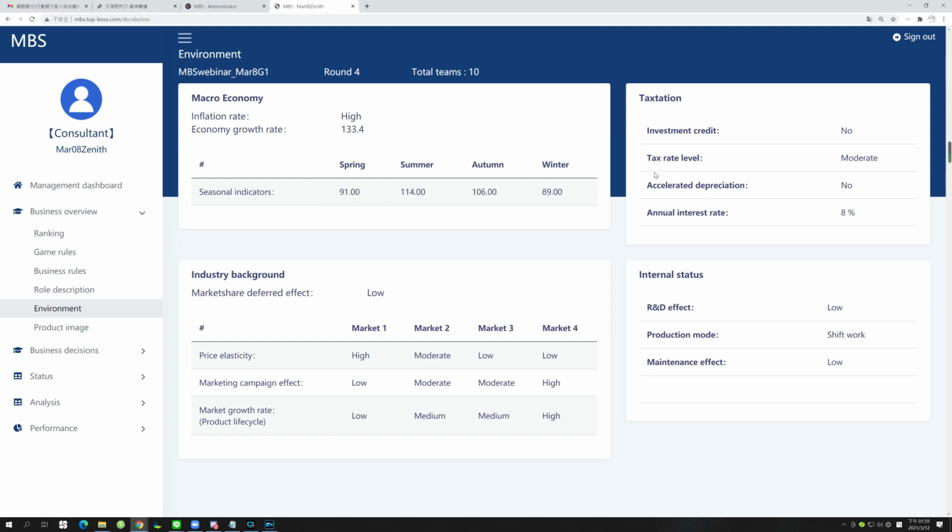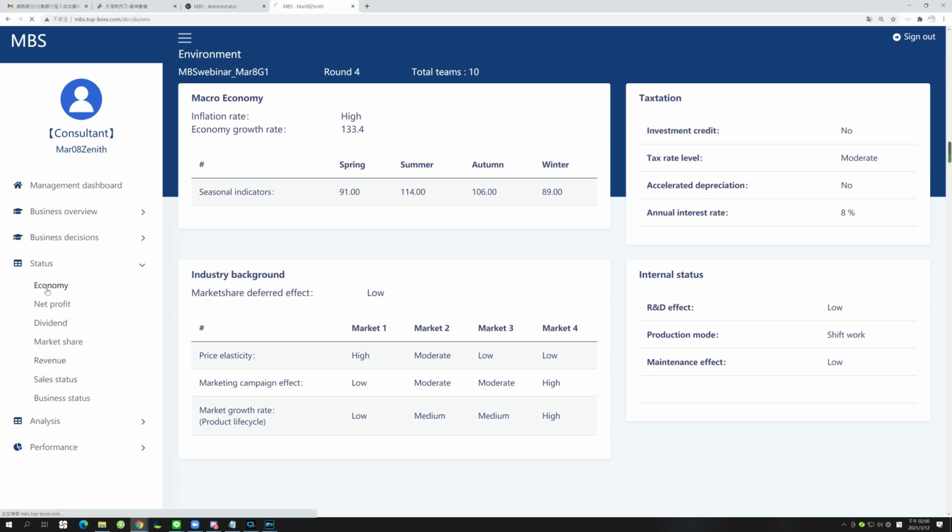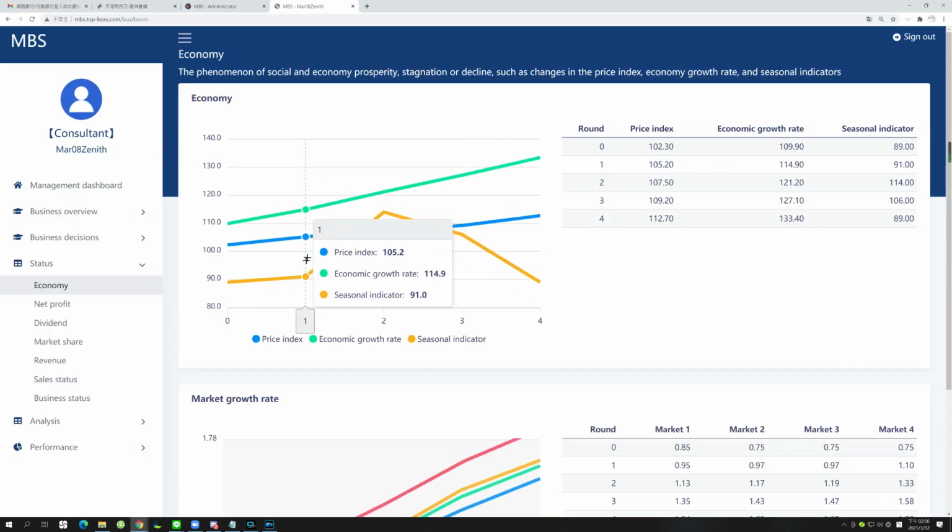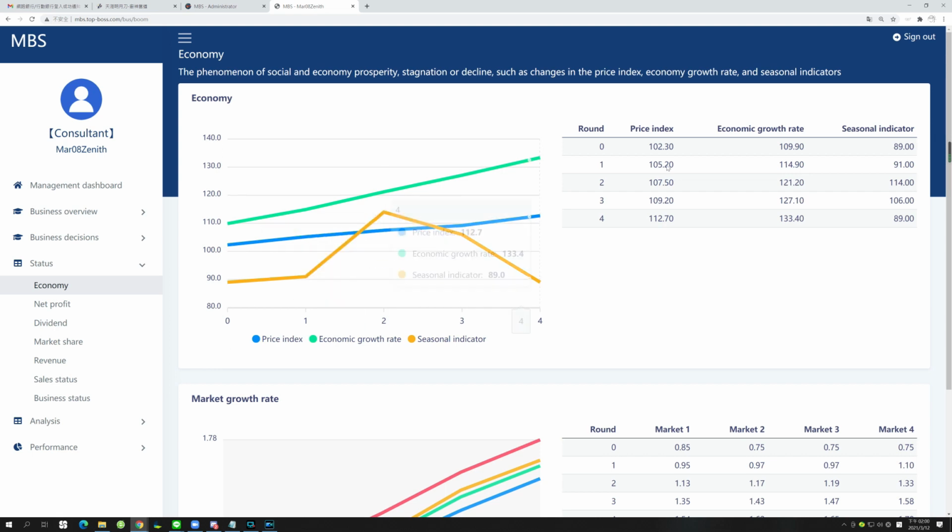But in the beginning, we should look at the status, and the economy function inside the status will have a graph to show you the changes of different seasons. As you see, the price index, the economic growth rate, and the seasonal indicators are there to show you the differences among the different seasons or quarters.